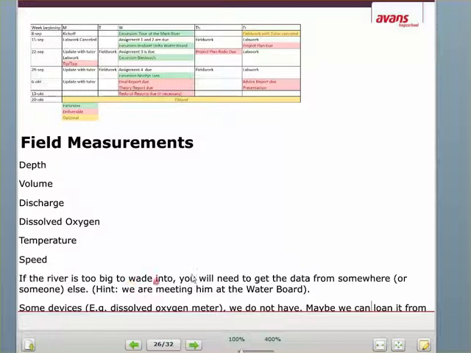But something like, if the river is too big to wade into, if it's a big river and it's 2 meters deep, obviously you can't. Well, if you want to, you can, but I would not advise it. It's difficult to see the depth and the speed and the discharge of a river if it's deep. So how do you do that? Well, here's a hint.